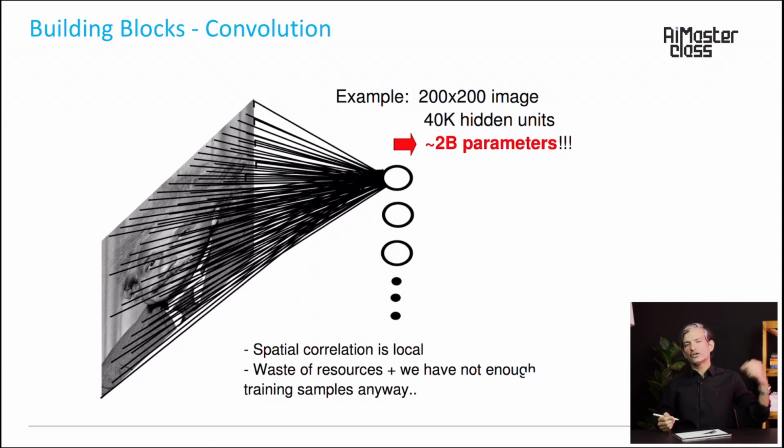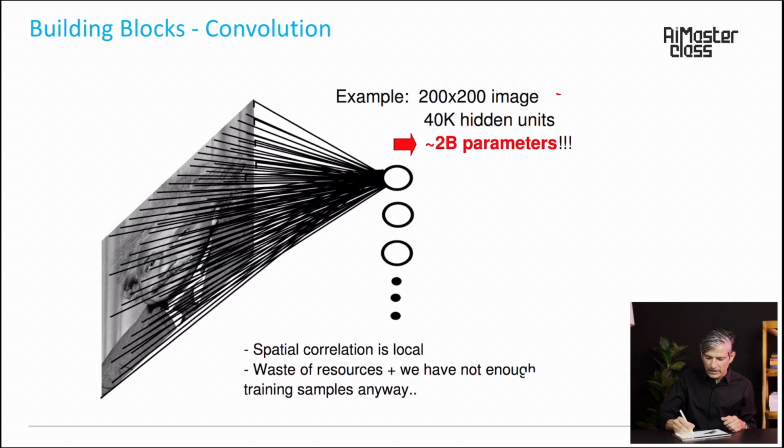So the history goes back to the 60s and the 70s, but let's look at this example of an image. Let's say we have an image of size 200 cross 200 pixels. Now what we usually do is we flatten it into a big vector. So 200 into 200 is 40,000, right?